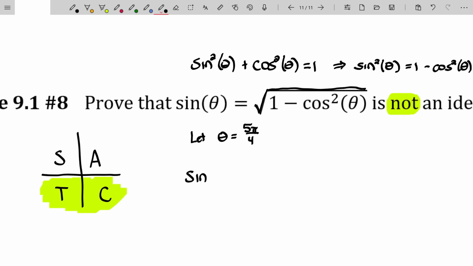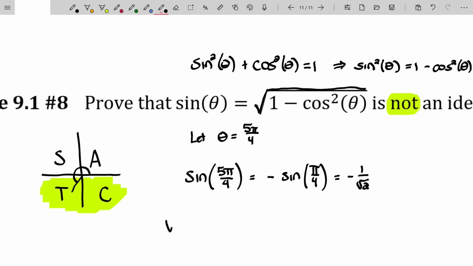Well, sine of 5 pi over 4 is equal to sine of the reference angle, pi over 4. But you have to consider the quadrant where 5 pi over 4 terminates, and it terminates in quadrant 3. So I know it's going to be the negative sine of pi over 4, which is negative 1 over the square root of 2.